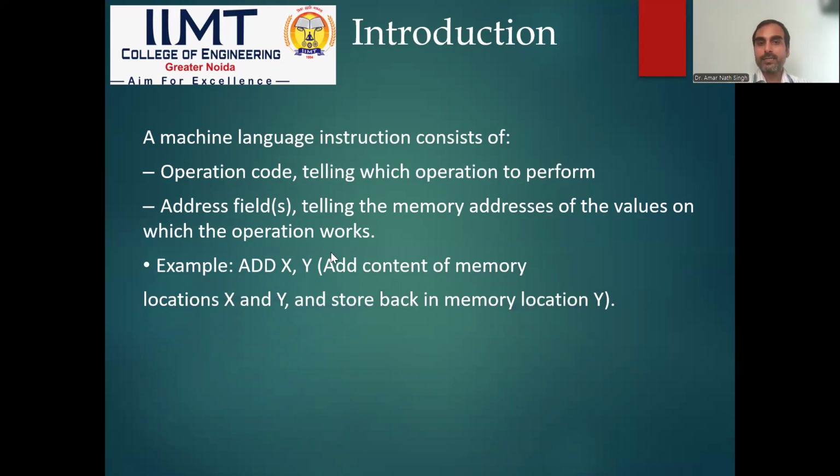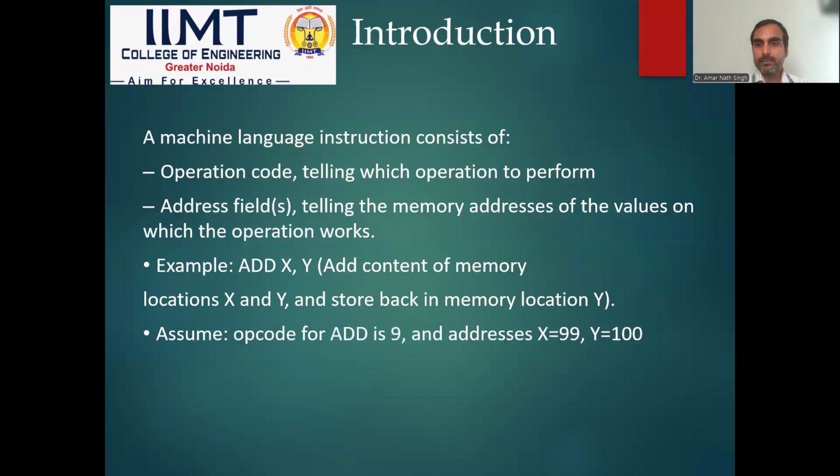My main intention is to add the contents of memory locations x and y. Where is the result going to be stored? Naturally, it is stored in the location of y, as we all know. Suppose my x value is 99 and y value is 100.